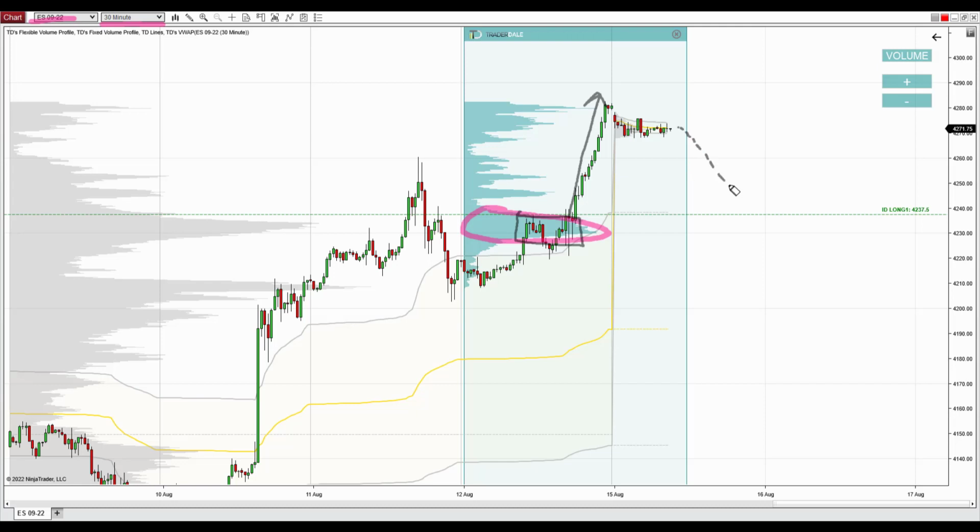So when the price makes a pullback to this level in the future, that heavy volume zone beginning at 4237.5, then buyers from this place should defend this heavy volume zone, where they placed a lot of their longs, and push the price upwards from there again, right? So this is why this should work as a strong support.